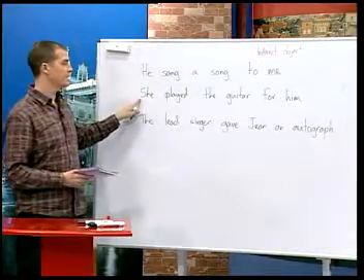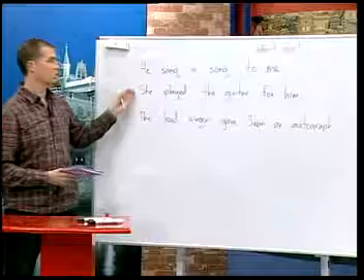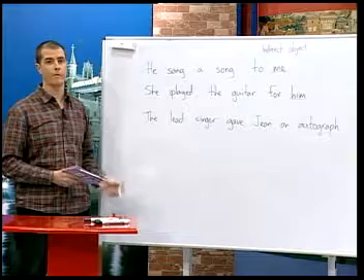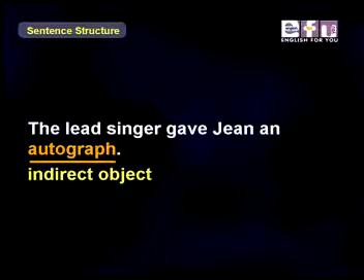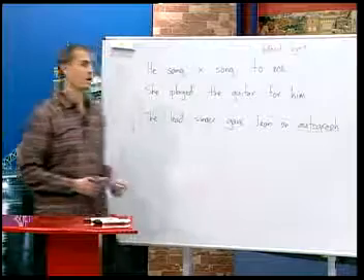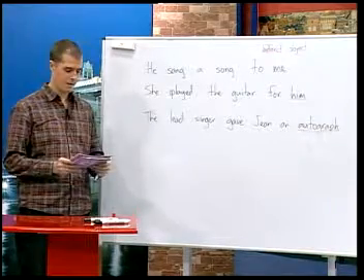In the second sentence, the indirect object is him. She played the guitar for him. In the third sentence, the indirect object is an autograph. The lead singer gave Jean an autograph.